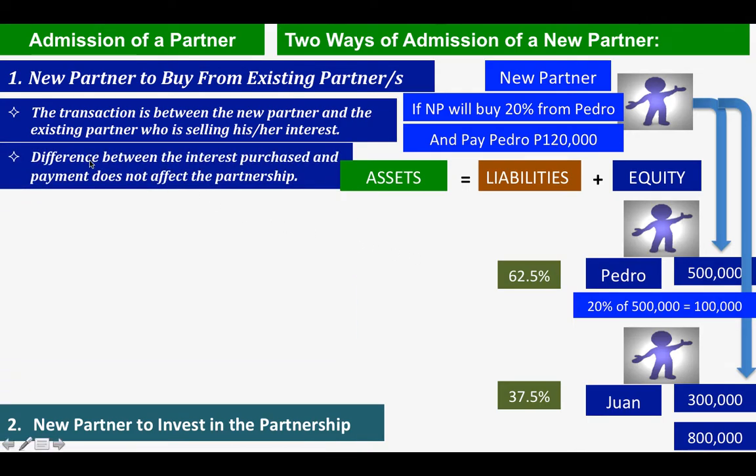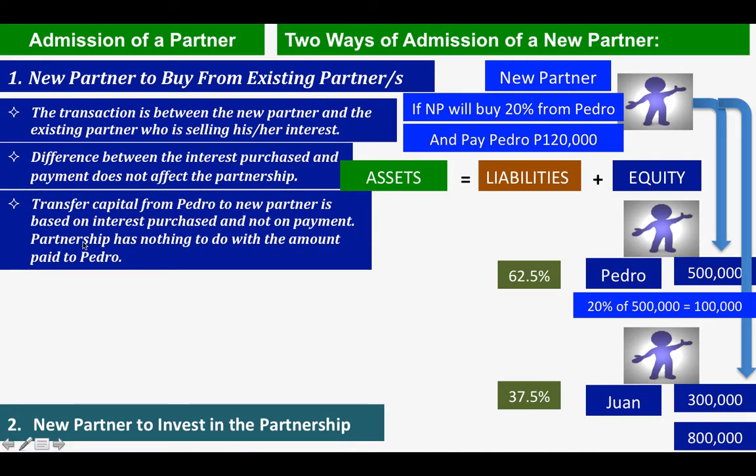Class, the difference between the interest purchased, which is 20% from Pedro, equivalent to 100,000, and the payment made by the new partner, which is 120,000, does not affect the partnership because the transaction is between Pedro and the new partner. The transfer of capital interest from Pedro to the new partner is based on the interest purchased and not on the payment. So the interest purchased here is 100,000.